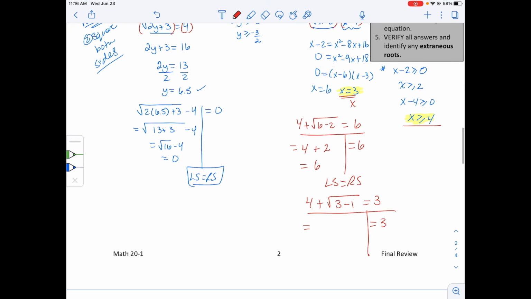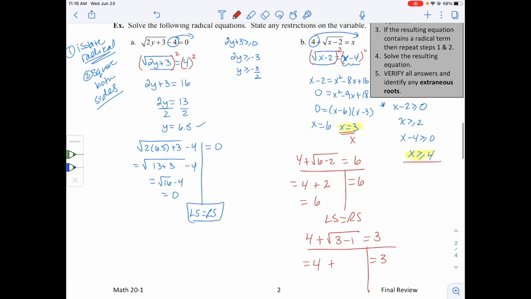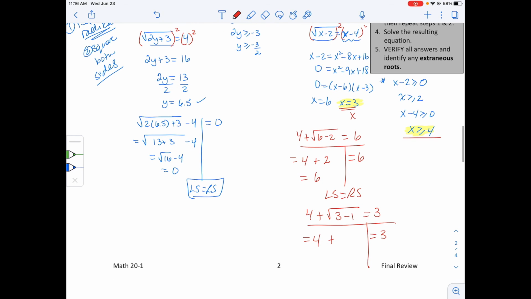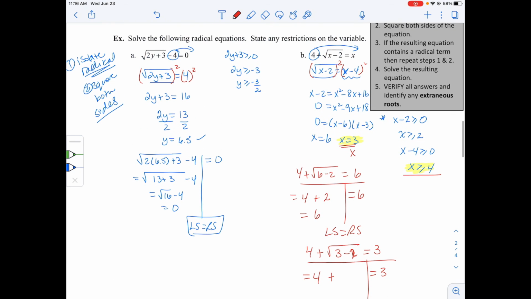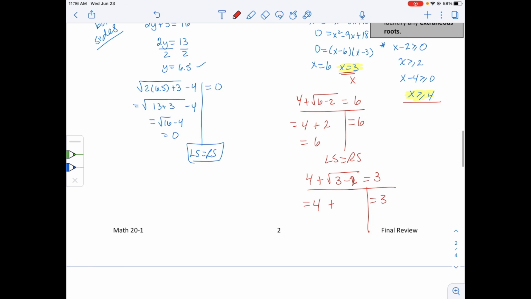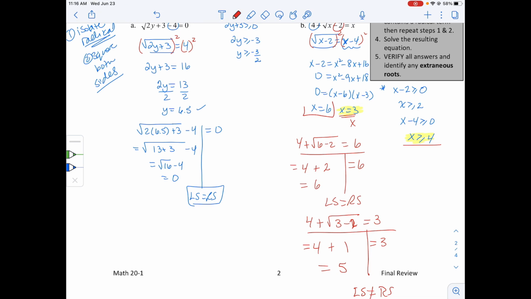On our left-hand side, 3 minus 2, sorry, that should be 3 minus 2 in our equation, which is 1. The square root of 1 is 1, and 4 plus 1 is 5. So 5 does not equal 3. Left side does not equal right side, so we know that our final answer is x equals 6, and this other one is extraneous.